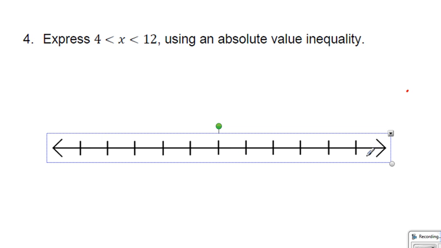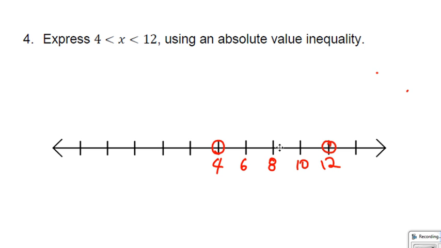So what if I say this is 12, and I'm going to assume that each marker is 2. So this is 10, 8, 6, 4. How about that? All right.